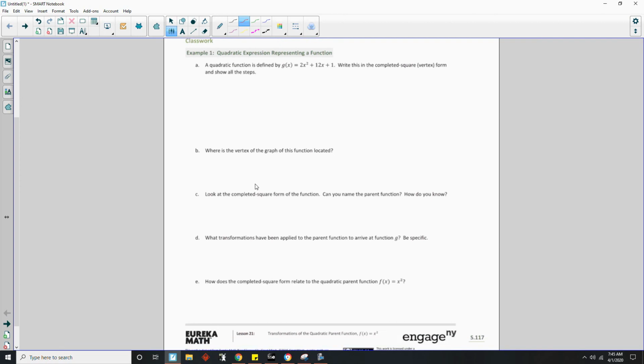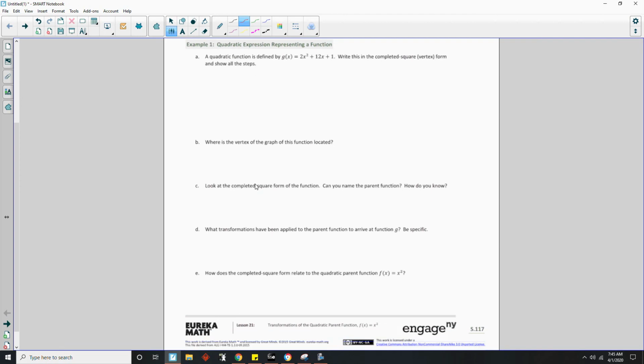Classwork Example 1 says, quadratic expression representing a function. A quadratic function is defined by g of x equals 2x squared plus 12x plus 1. Write this in the completed square vertex form and show all steps.